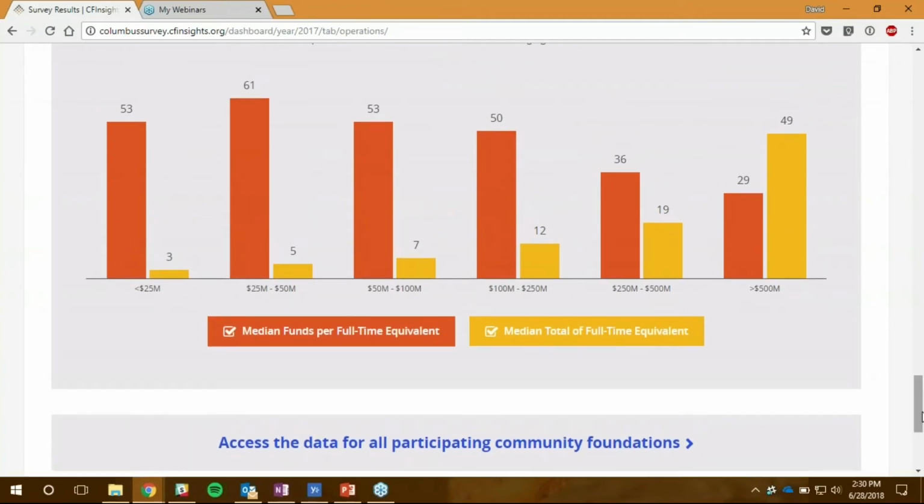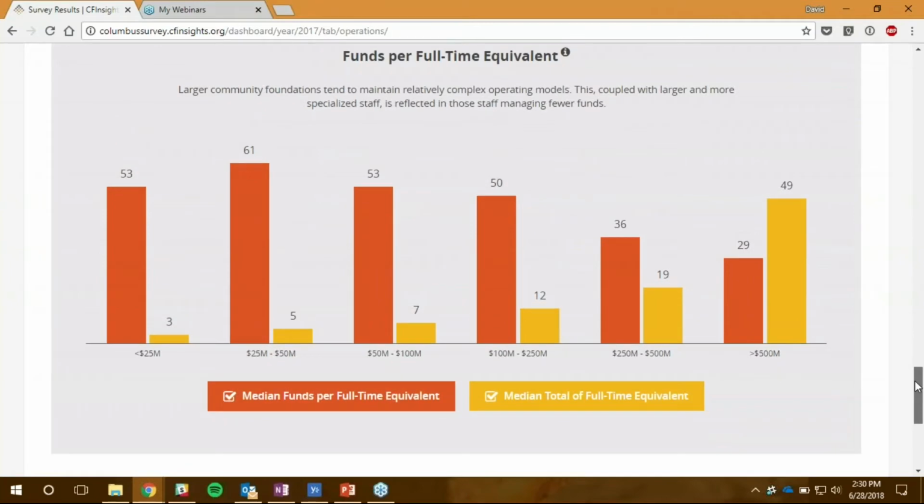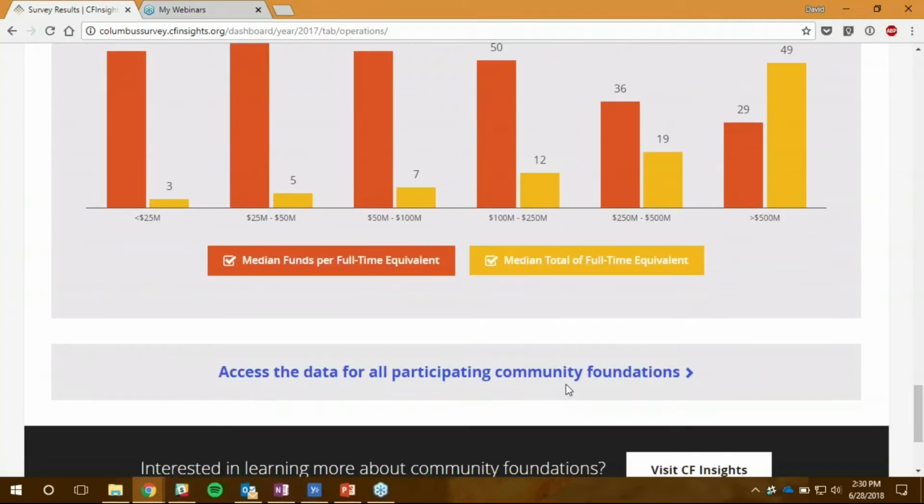All right, so let's talk a little bit about some of the other functionality that I teased before. Let's start with the access to data link. The way this worked last year, for anybody who visited the site last year or up until we launched the new data last week, this link took you to the About page, and from there you had to click a download link to get the Excel file of assets, gifts, and grants for all of our respondents.